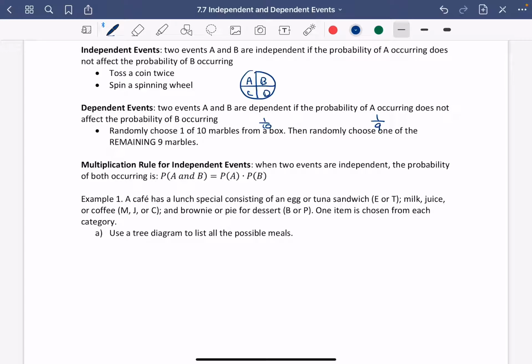So in that case, it will be independent events. Okay. So without replacement, without putting it back, it will be a dependent event. With replacement, if you put the things back, then you'll be independent events.